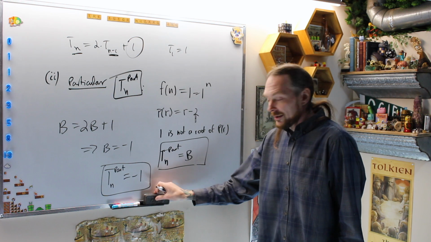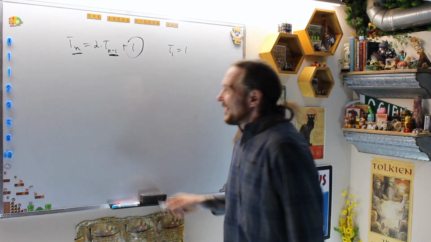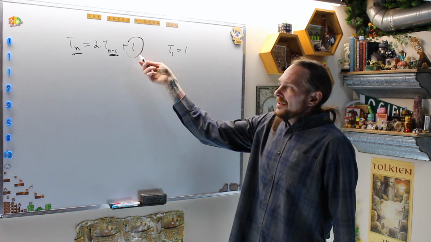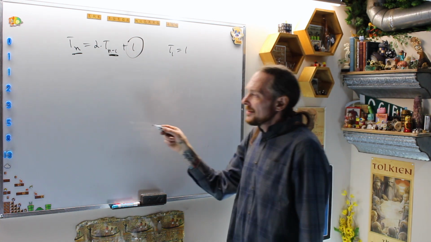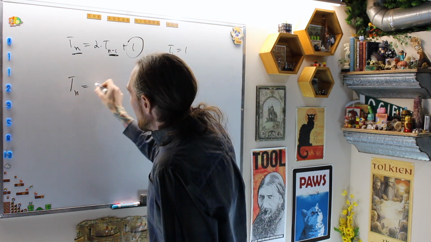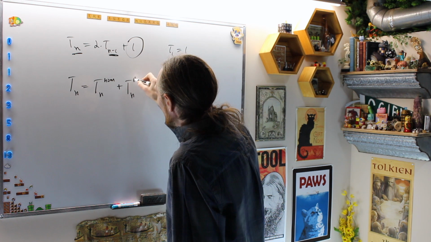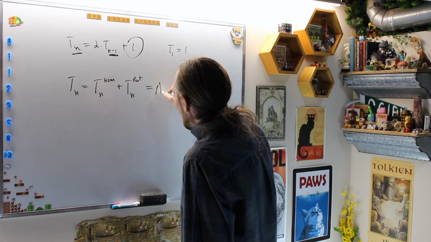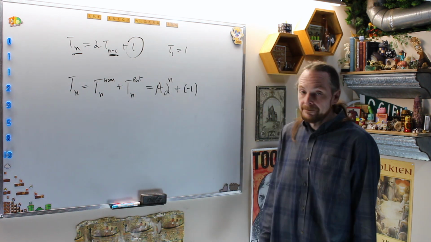Now let's put that together, and now we use the initial conditions to find the A from the homogeneous part. This first order non-homogeneous recurrence relation with initial condition T1 equals 1 now has solution Tn equals Tn homogeneous plus Tn particular, which is equal to A times 2 to the n plus -1.